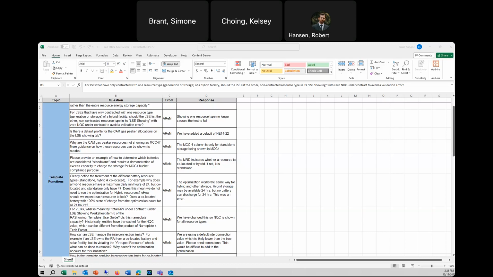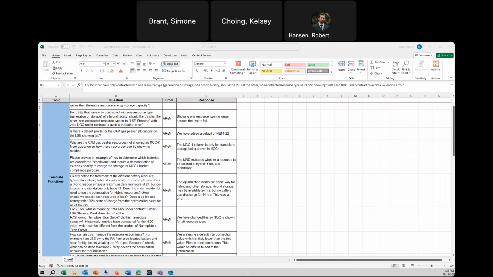It's confusing, right? I tried to separate it. I separated the NQC into the solar and storage portions in the new version of the MRD. But even though the NQC value for this particular resource is, are they additive?